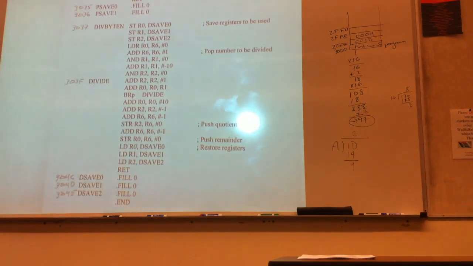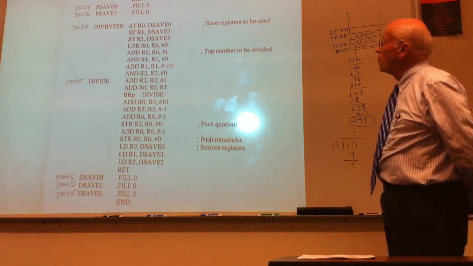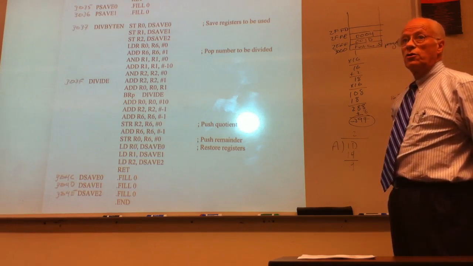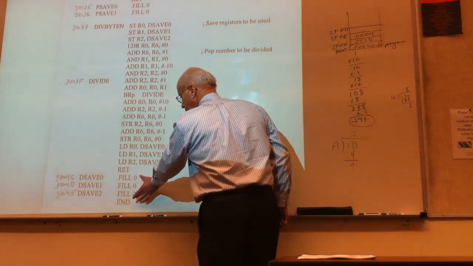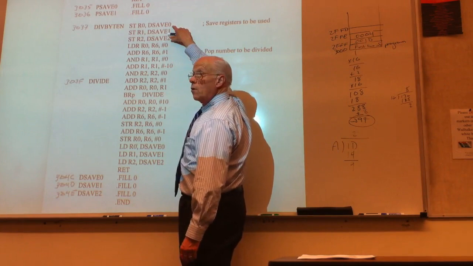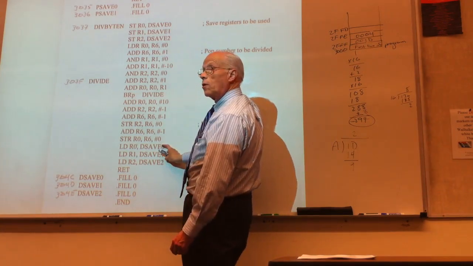Now, it's a lot longer than one might expect because, first of all, I've gone through the business here of saving all the registers that I'm going to work with. These are just memory locations that are set up where I can copy what was in the register into there and then get them back the way they were.